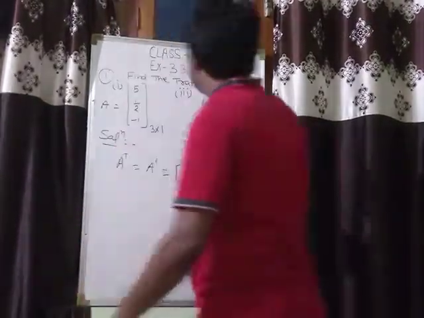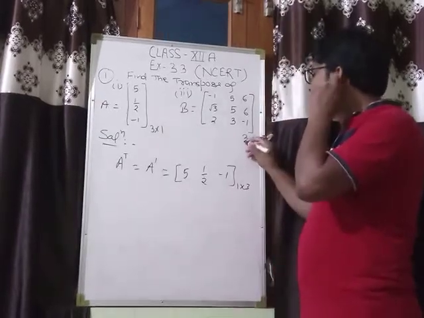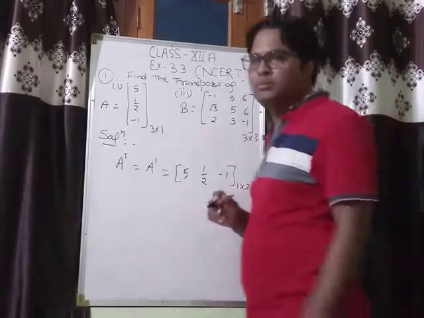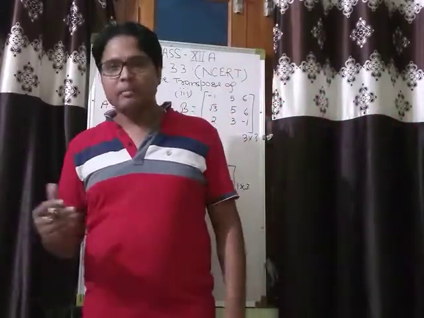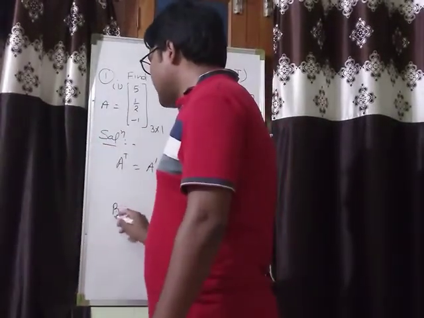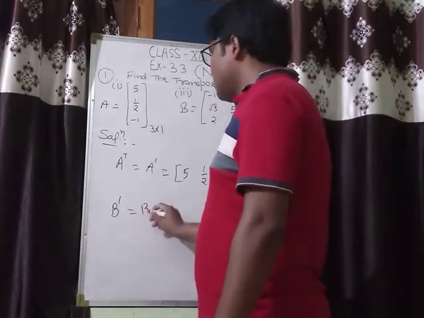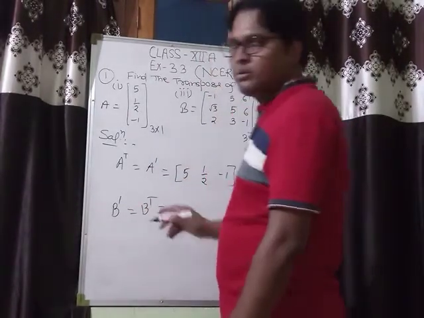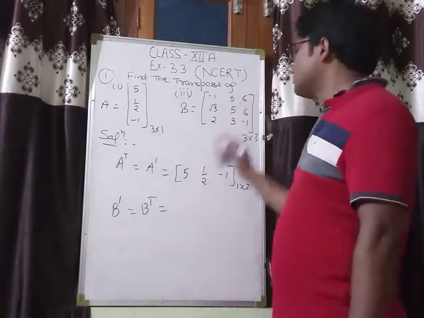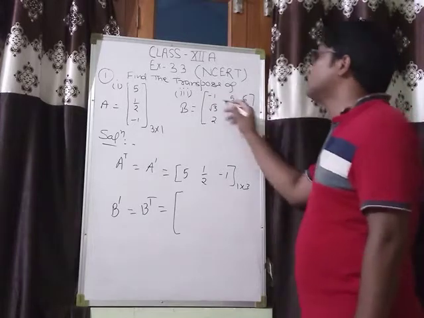Now the second one, suppose this matrix is B. This is a matrix of order 3 by 3, a square matrix of order 3. Its transpose is represented by B transpose, or B dash, whichever you want. Change its rows into columns and columns into rows.